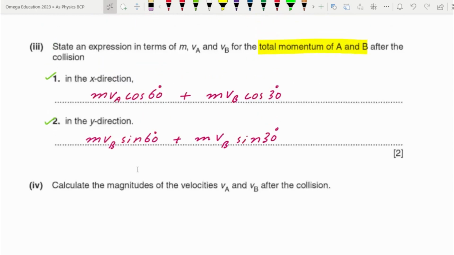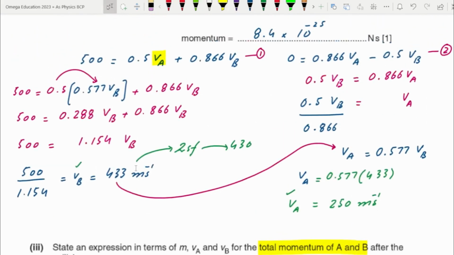So this is the most advanced question that you can have from the topic of momentum. And you see the method is the same, but the prerequisites are the understanding of the components, the understanding of the vectors and their sign conventions.